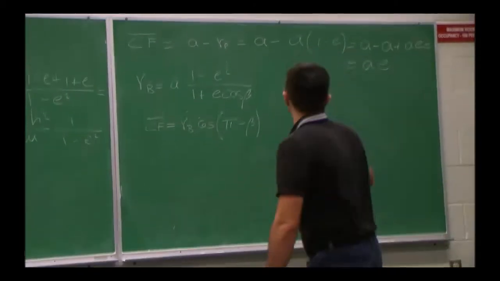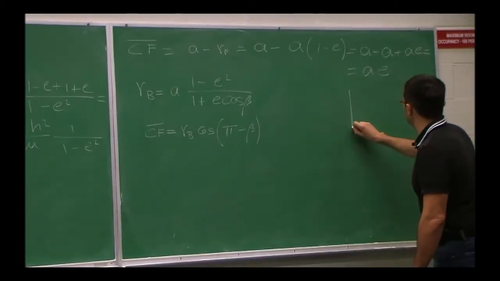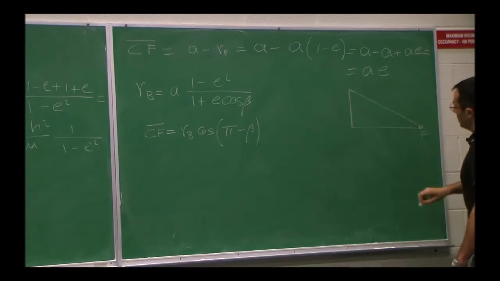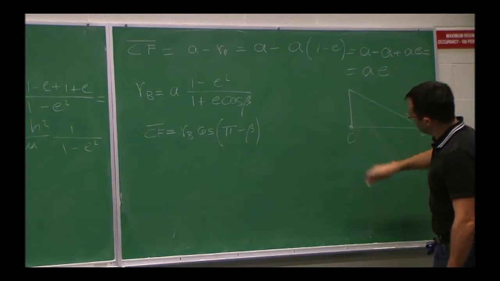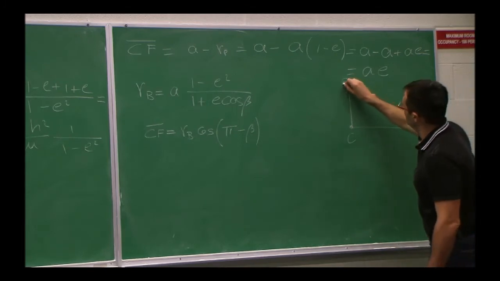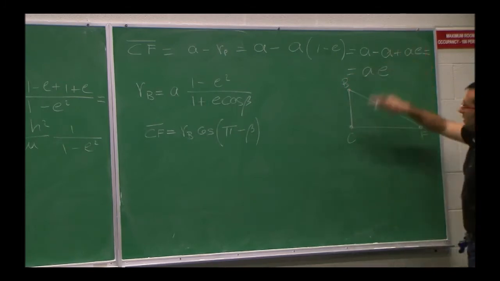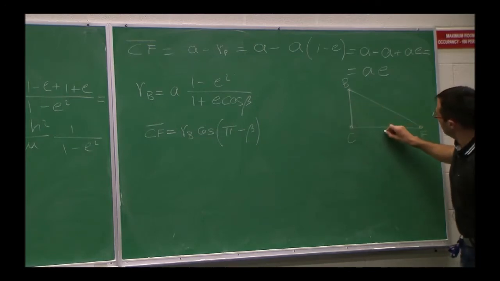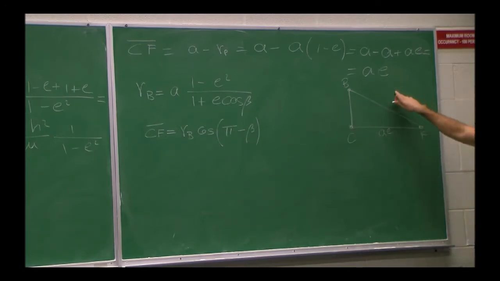Again, look at that triangle. If you want, I can just draw it here. This is my M1, or the point I called F. This is the midpoint between perigee and apogee. This is the point just at 90 degrees from C with respect to the line of apse. So this is what I called CF, and I computed that it's AE.